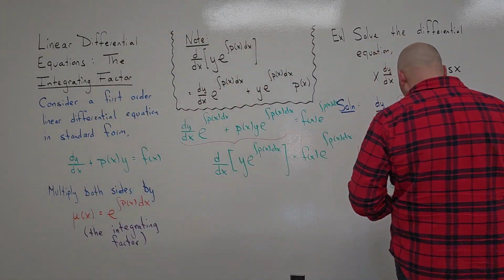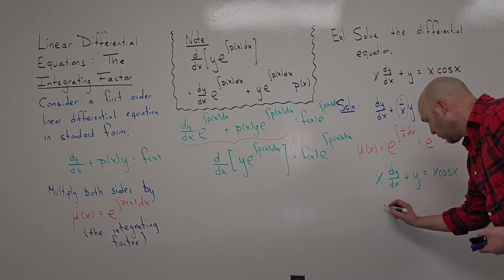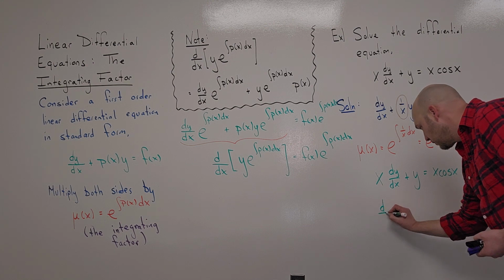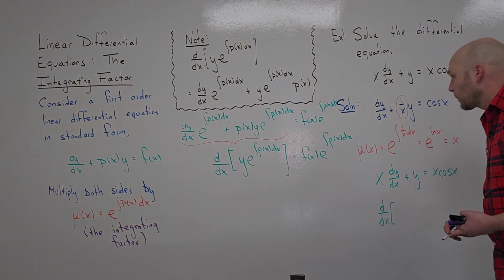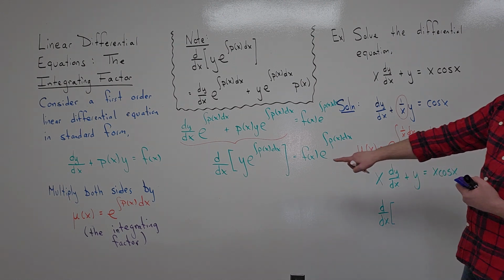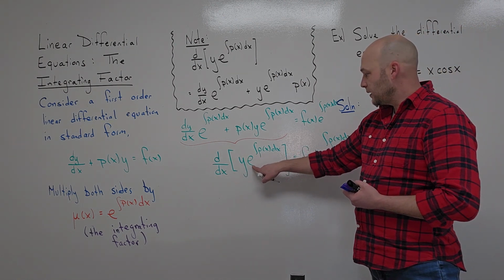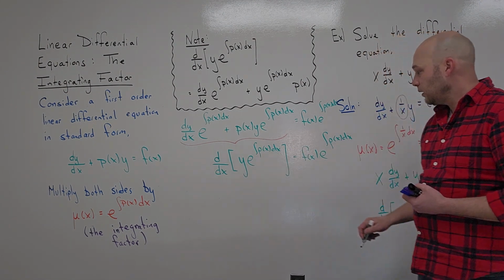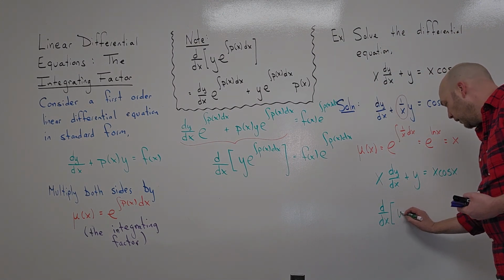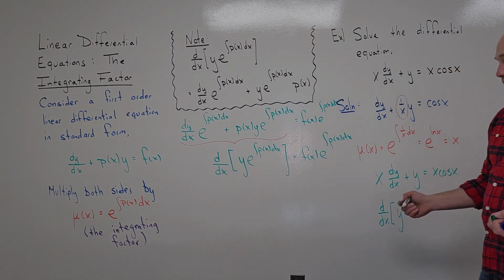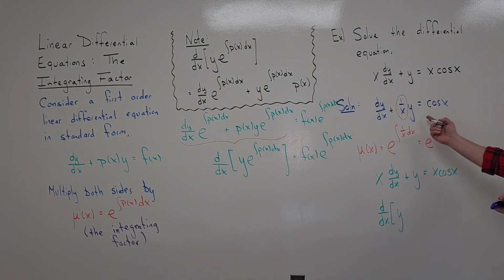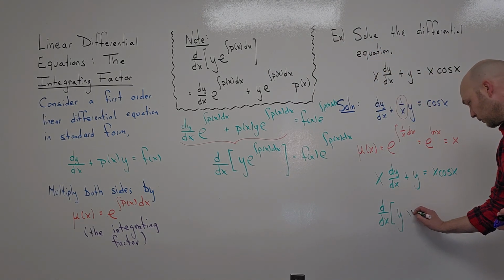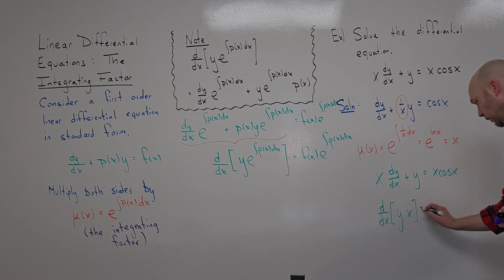Then the left-hand side can be rewritten as the derivative of y times the integrating factor, which was x, equal to x cosine x.